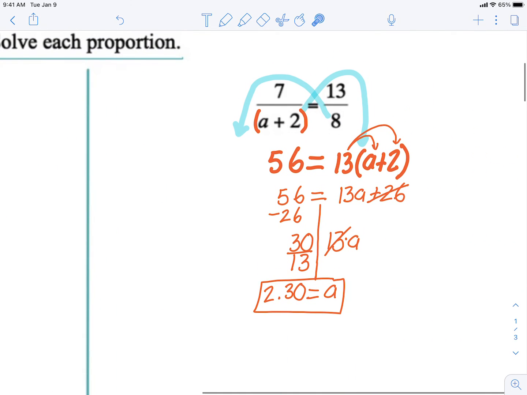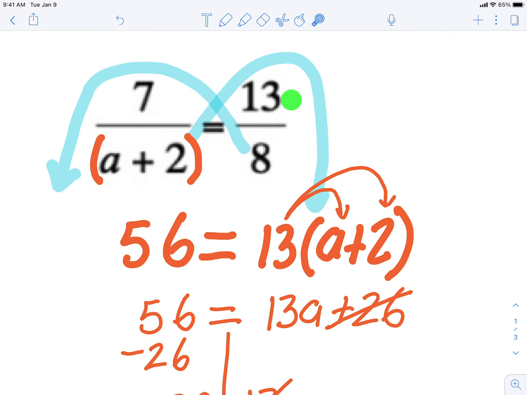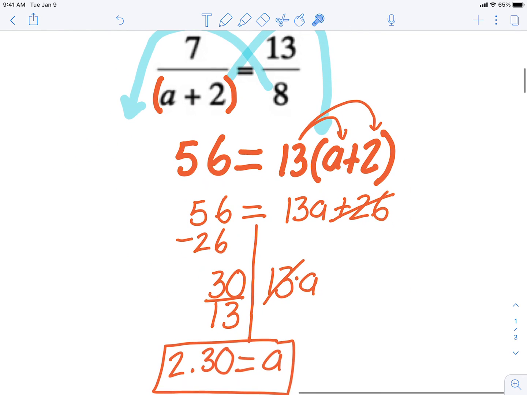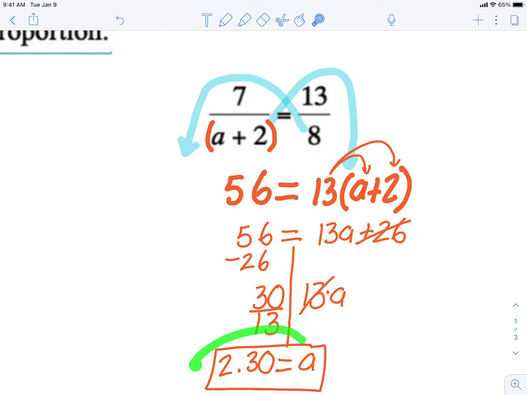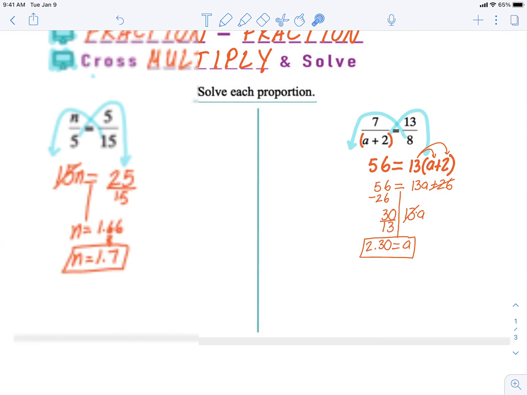And this one is the same. If 13 goes with 8, then 7 goes with what number here? Well, A is 2.3, so 2.3 plus 2 is 4.30. So 7 goes with 4.30. That's what we found. We found A, just the A part. And there you go.